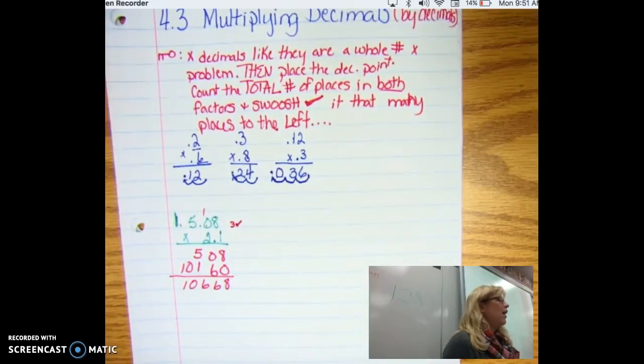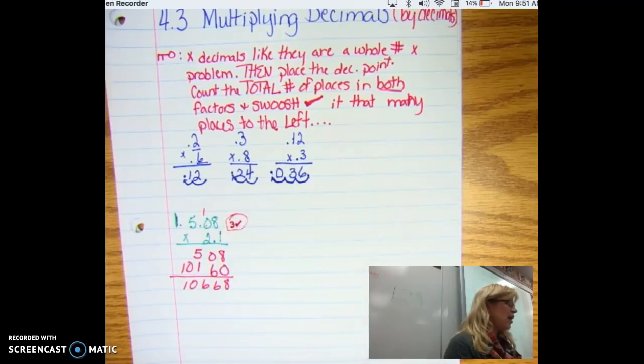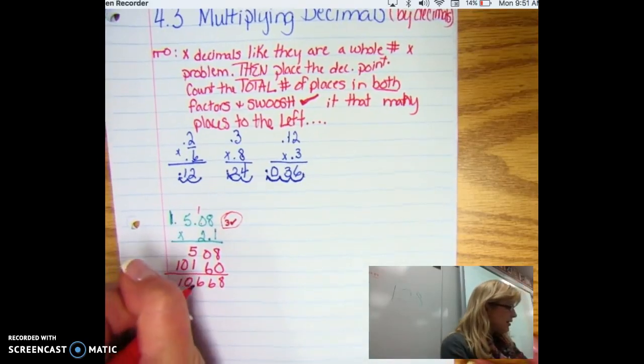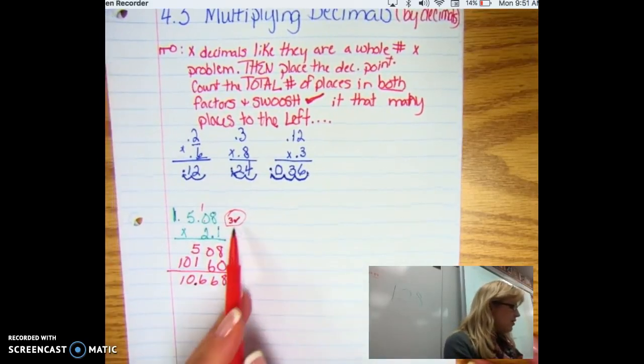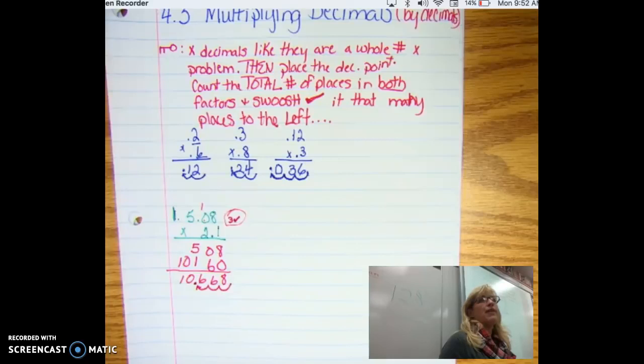Now, I need you to tell me what 2 numbers the decimal needs to fall between. And remember, we have a little hint up here, because we can figure out at the very beginning of the problem where it goes. Eli, where do you think it goes? I think it goes between the 0 and the 6. I think you're exactly right. Because if you started over here and you said, okay, I need to do 3 swooshes, you'd go 1, 2, 3, and you'd put that little guy right there.